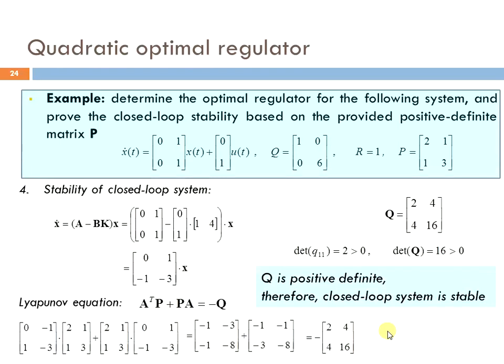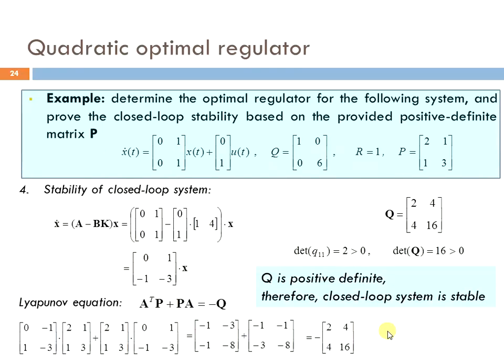What is most important to remember is that once we have determined that the system is completely state controllable, the next step is to find the positive definite matrix which satisfies the reduced matrix Riccati equation. We are going to get a set of values for P, and we have to evaluate the positive definiteness of all of them.